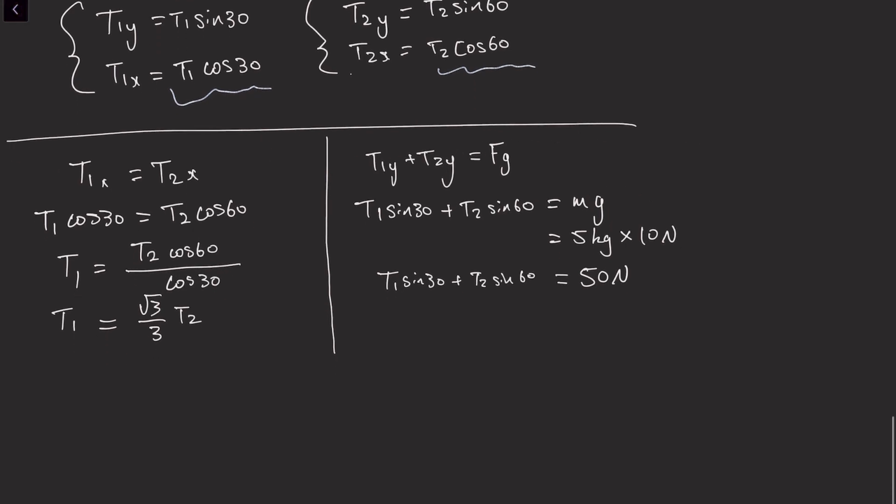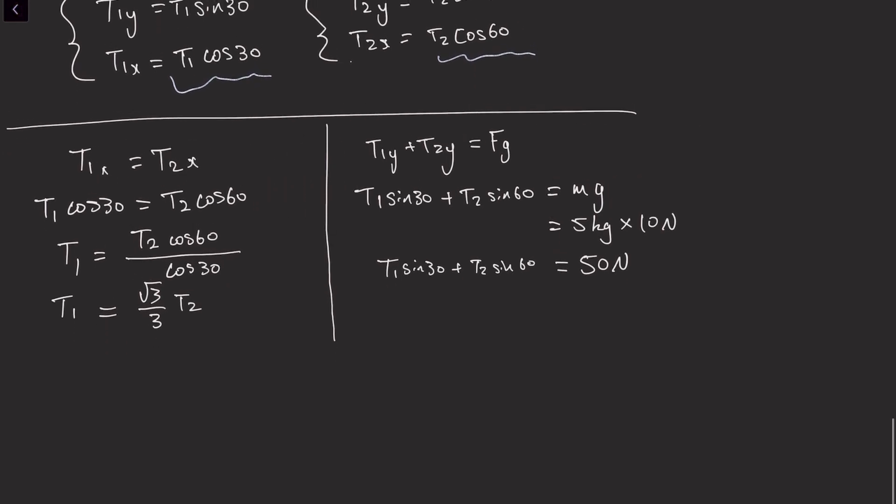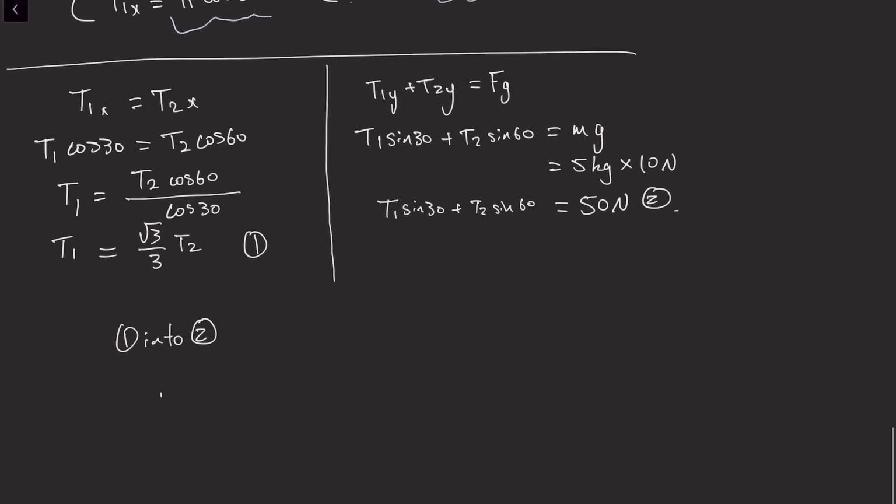Good. Now we have two equations, two unknowns. We have equation 1 and we have equation 2. Let's substitute equation 1 into equation 2. So 1 into 2, we have root 3 over 3 T2 sine 30.